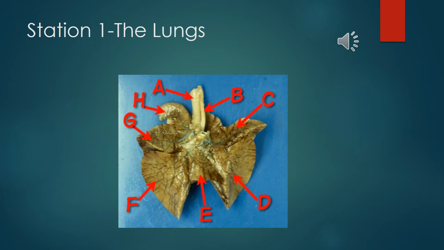D would be the left lung diaphragmatic lobe, and E would be the right lung intermediate lobe. F would be the right lung diaphragmatic lobe. G would be the right lung cardiac lobe. And finally, H would be the right lung apical lobe. So those are the labels that you should have on there.